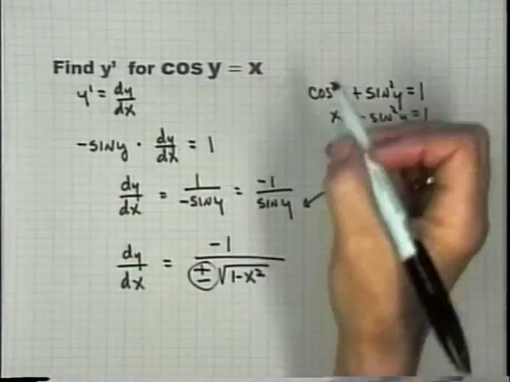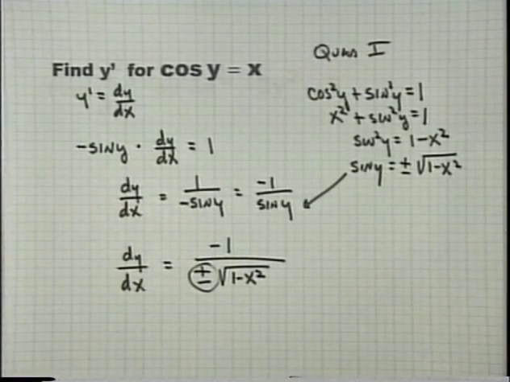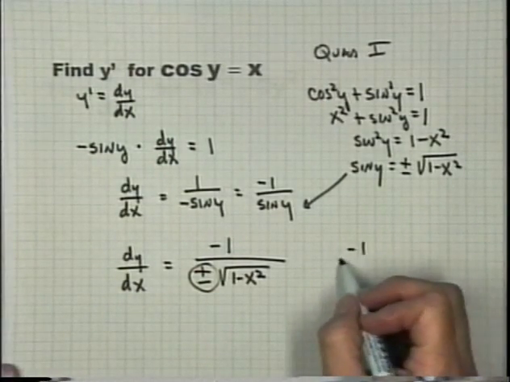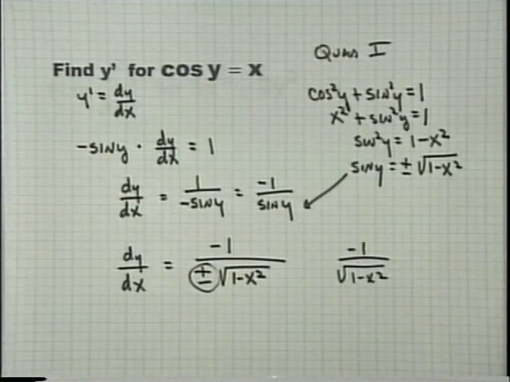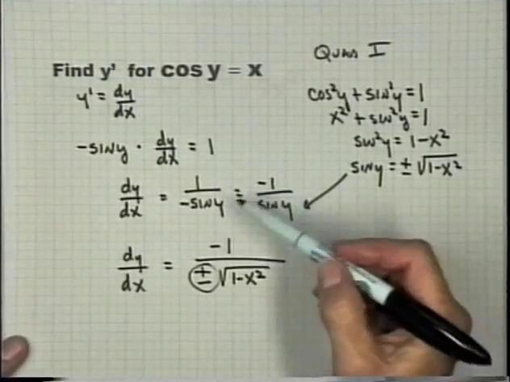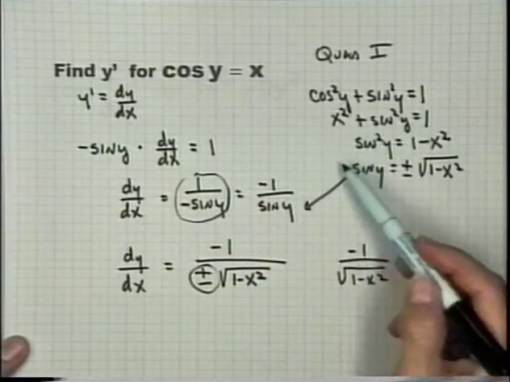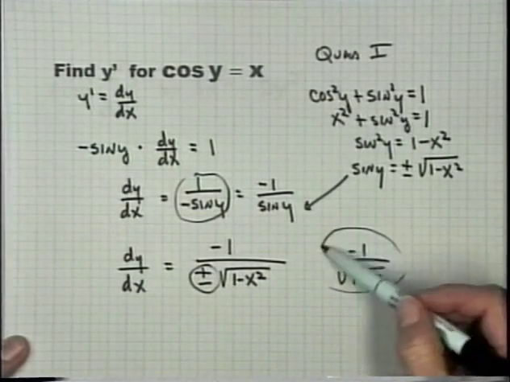If you restrict yourself to quadrant 1, then you know all the trig functions are positive there, so you would choose your plus sign, and your derivative would be negative 1 over the positive square root of 1 minus x squared. The interesting thing here is, notice in this format we have the derivative in terms of y, but using some trigonometry we can change that so we get the derivative just in terms of x.